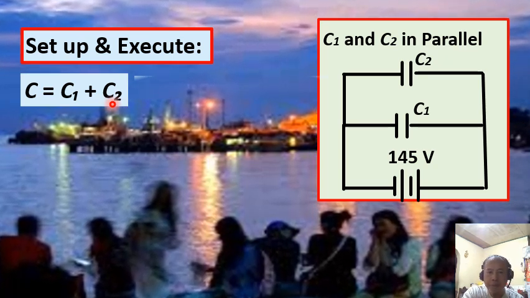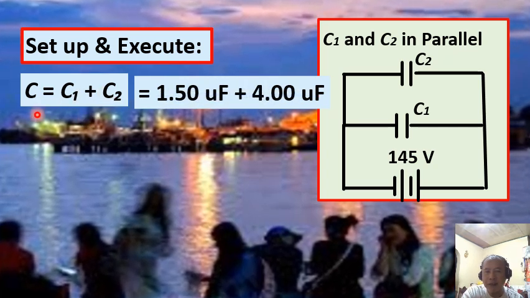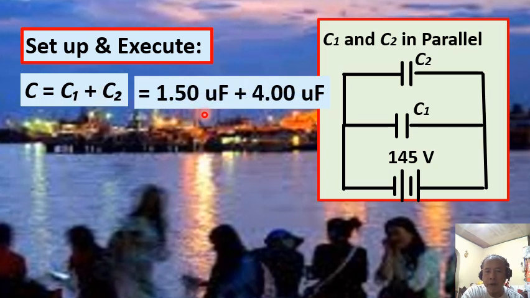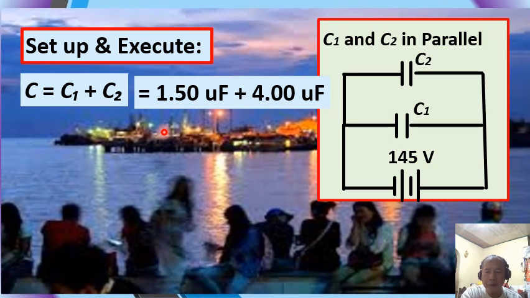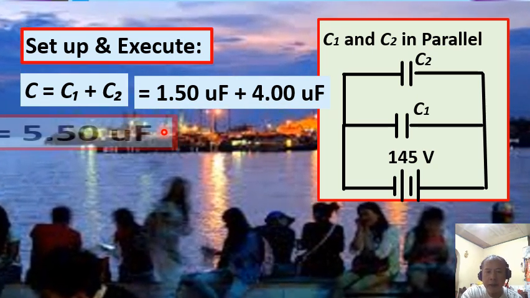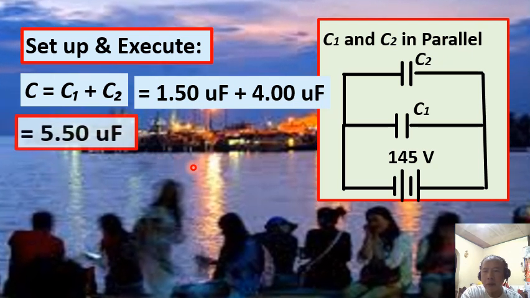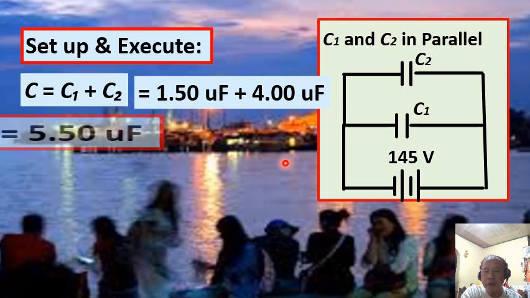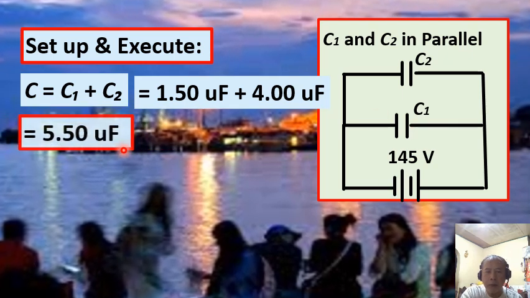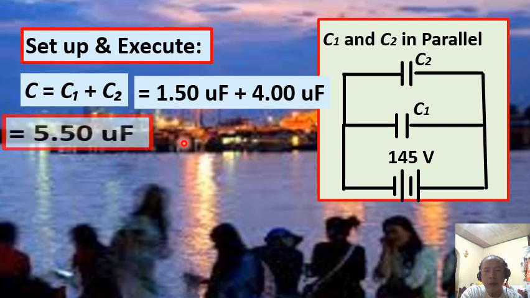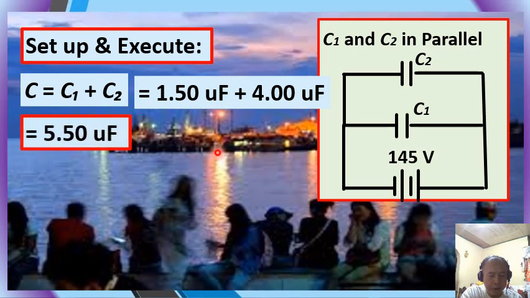That is, the equivalent capacitance equals 1.50 microfarad plus 4.00 microfarad. So we get the equivalent capacitance when the two capacitors are connected in parallel, equal to 5.50 microfarad, also rounded to three significant figures.